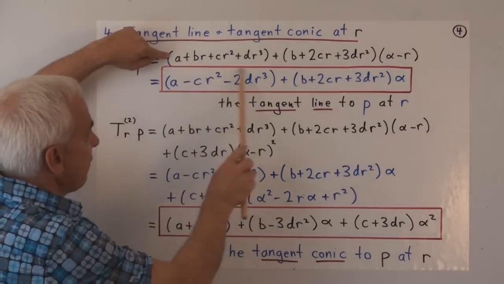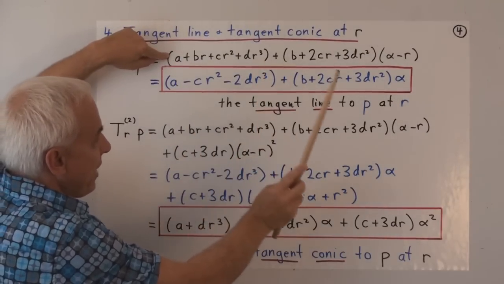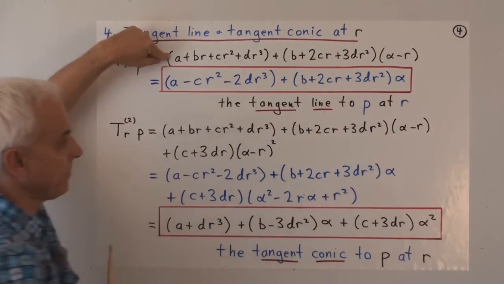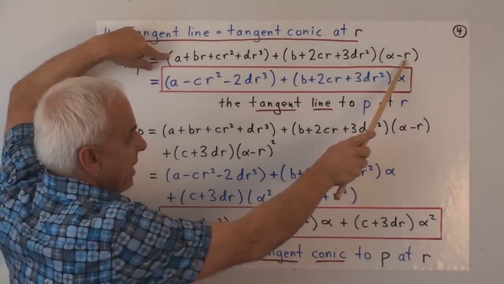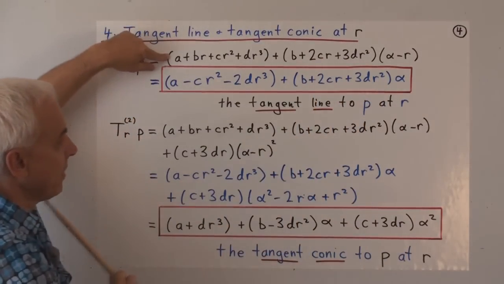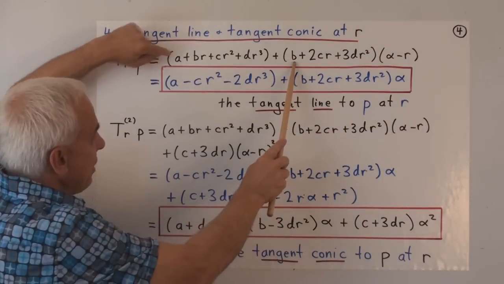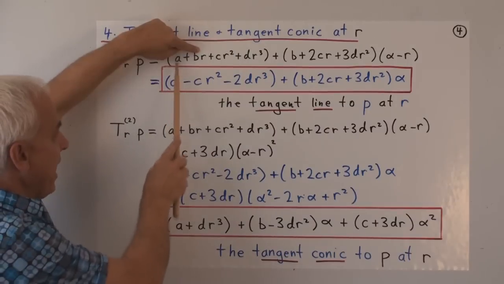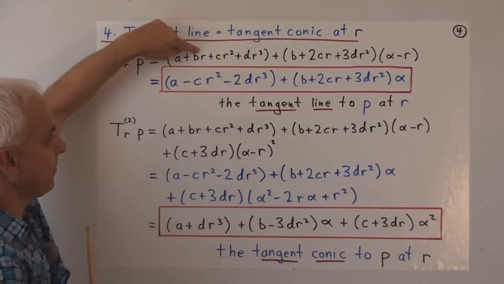So here are the things not involving alpha to begin with. And then we're going to have to add to that minus r times each of these. And have a look what happens when we take minus r times each of these. Minus r times b will exactly cancel with this br that's already there. So we'll have an a, but we'll have no brs left.